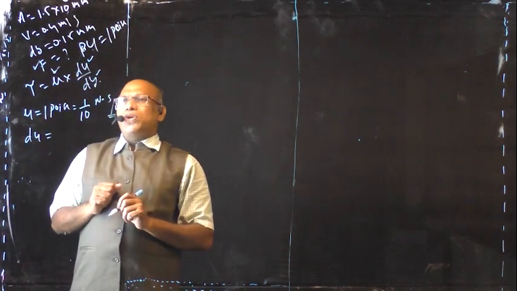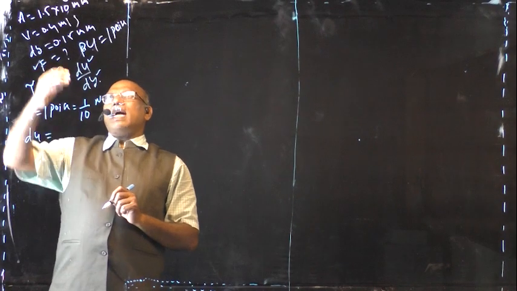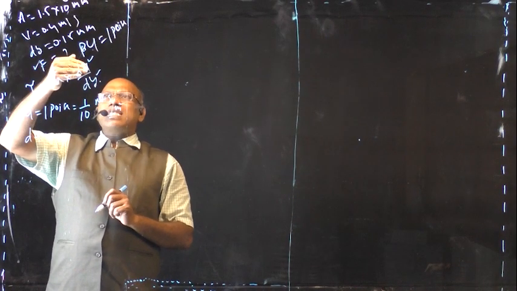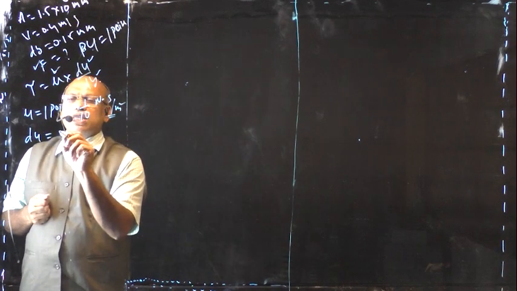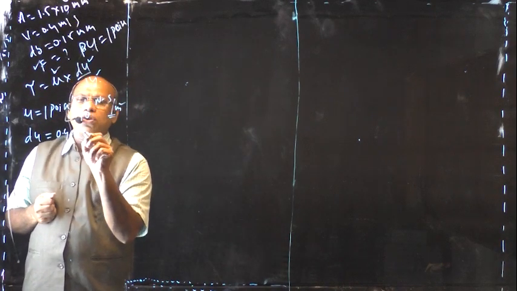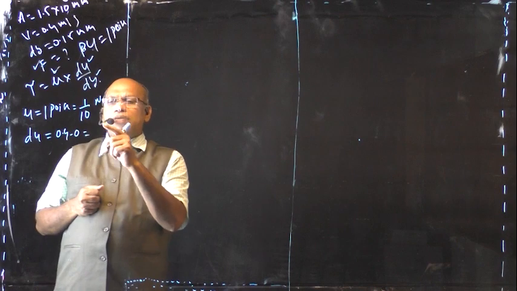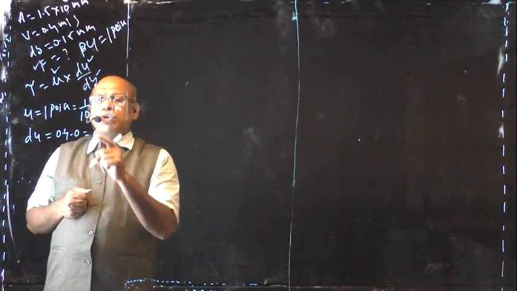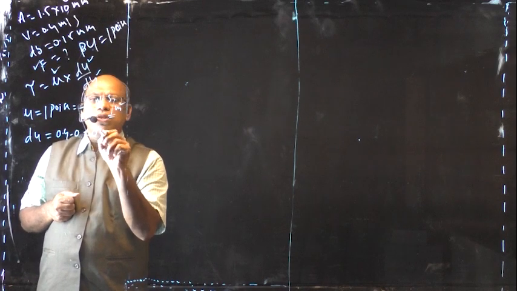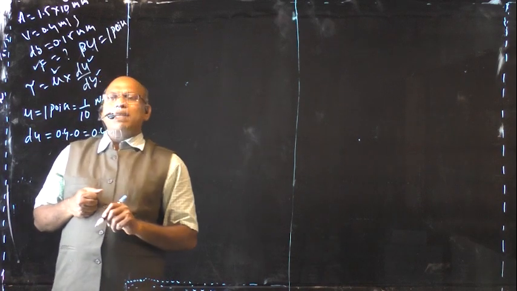Then the change in velocity du: the initial velocity of the plate is equal to 0, therefore the final velocity 0.4 minus 0. I have already explained the change of velocity in the last problem. Therefore the change of velocity is equal to 0.4 meter per second.